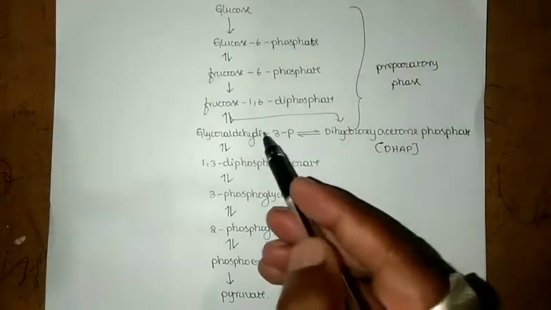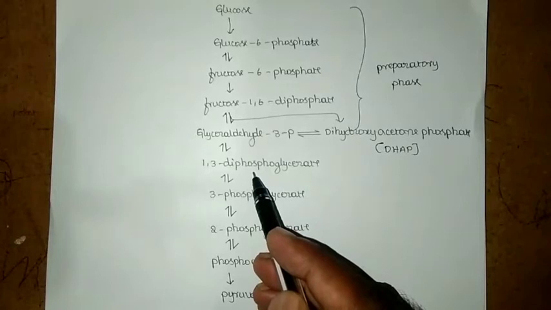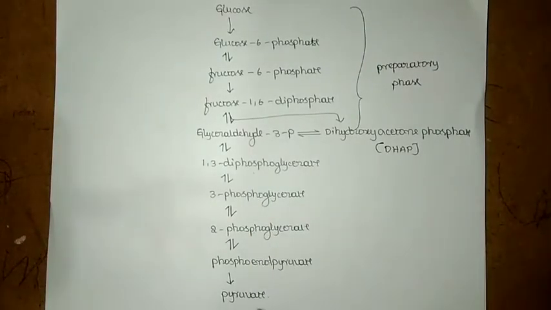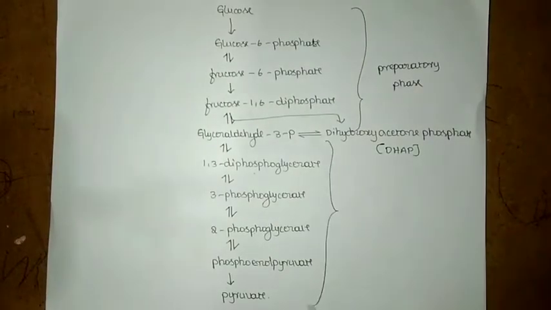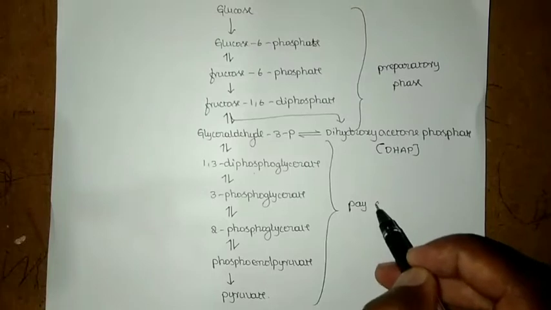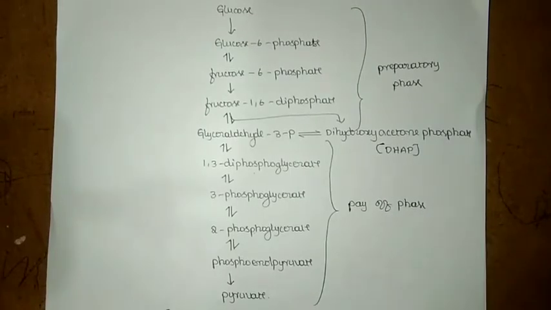And the next 5 reactions, starting from glyceraldehyde 3-phosphate to 1,3 diphosphoglycerate, 1, 2, 3, 4, 5, the remaining 5 reactions, are called the payoff phase or payoff stage.